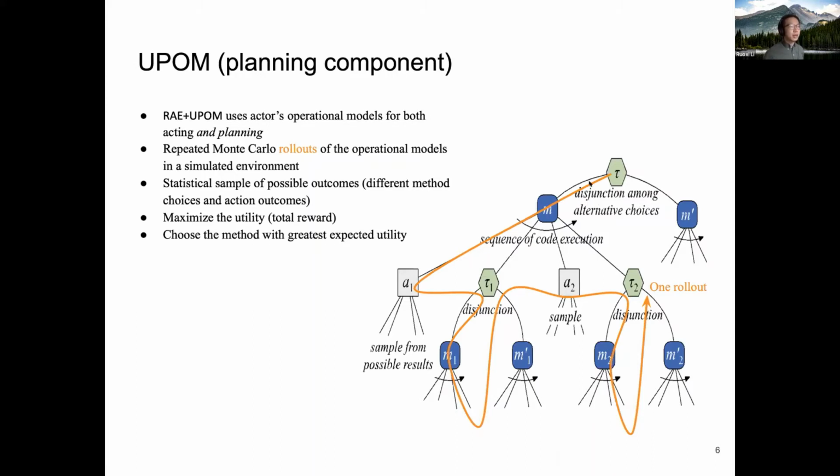So basically, it samples different method choices and action outcomes. So this orange line is one Monte Carlo rollout, and you do them multiple times. And the objective is to maximize some utility, and this could be reward. Then we choose the method with higher utility.